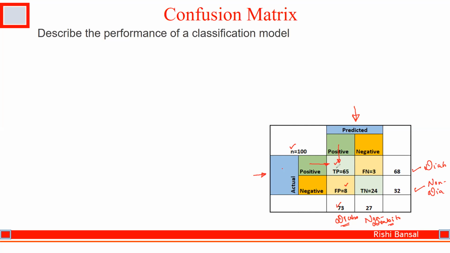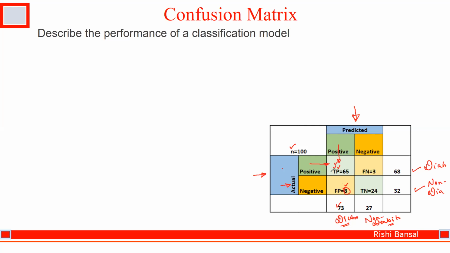So this is true positive: positive is what you predicted, and it is true. Now, for 8 people, you predicted wrongly because you said they are diabetic, but actually they were not diabetic. So this is called false positive. Everyone clear on this point?